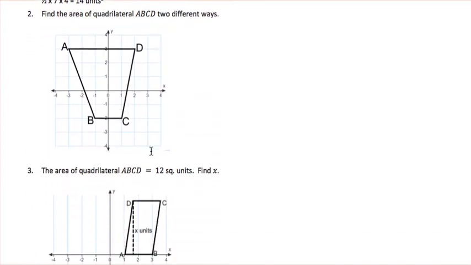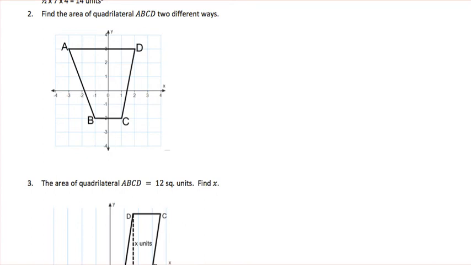Our second problem is quadrilateral ABCD, and hopefully you recognize this as a trapezoid. They're asking us to find this area 2 different ways. So the first way could be to cut our trapezoid into a rectangle and 2 triangles and find the areas of each of those.